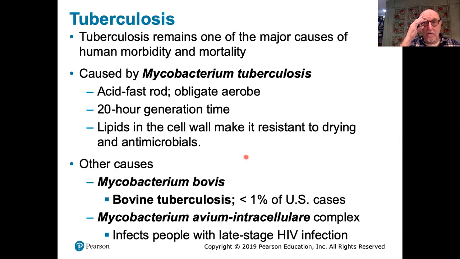There are some other mycobacteria which will cause similar disease. Bovine tuberculosis can occur in human beings, and it was another of the reasons why Pasteur set up the system of pasteurizing milk, because brucellosis, which was transmitted by milk, was sometimes accompanied by bovine tuberculosis, and it could infect human beings.